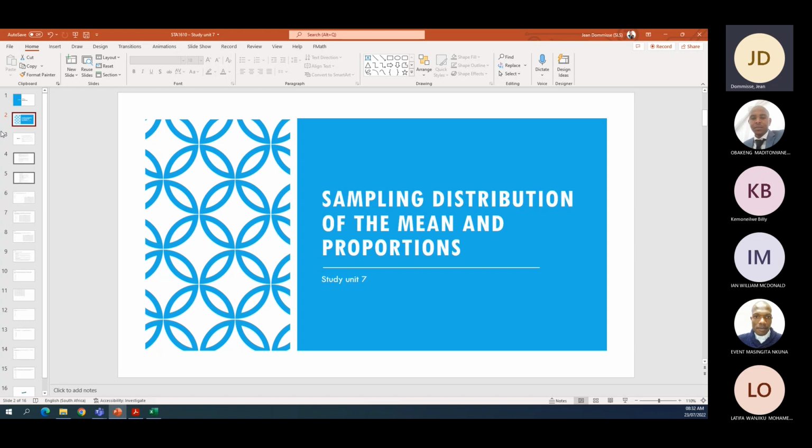In both of them, we are going to work again towards a Z value, like in study unit 6, and once we calculated that Z value, we will go to the Z tables, and then from there get a probability of something happening or not, or smaller or bigger, or one of those options.